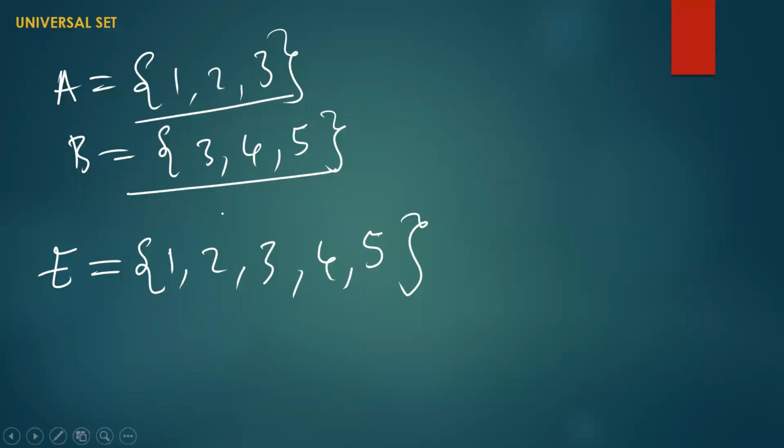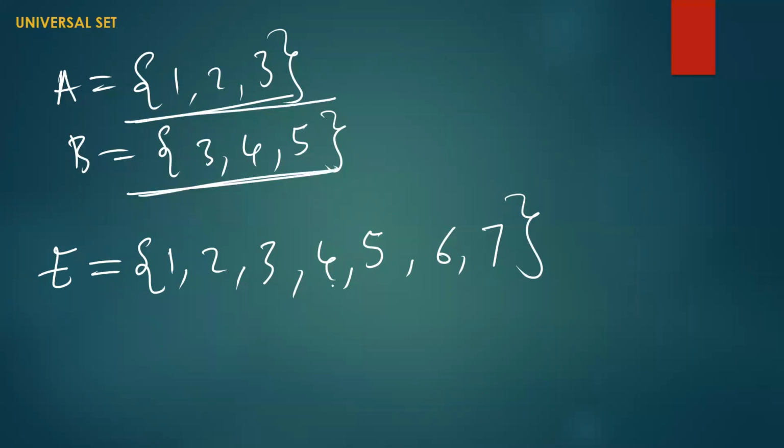So what I mean is this: the universal set can also have 6 and 7, but as long as it contains the elements that are in A and in B, and in itself, it means that it's a universal set. So that is exactly how we define the universal set.